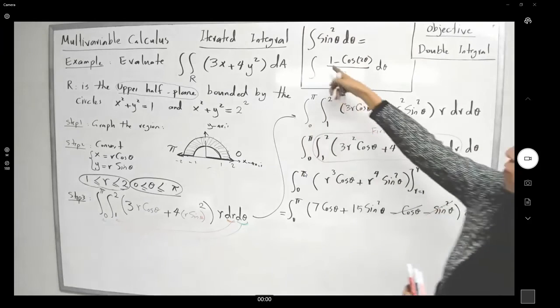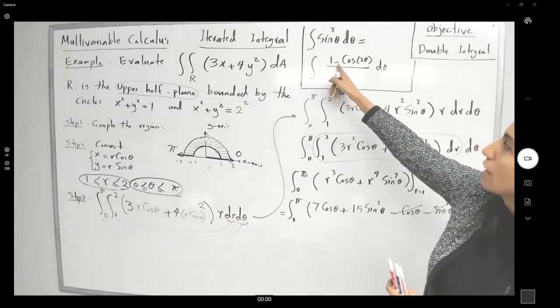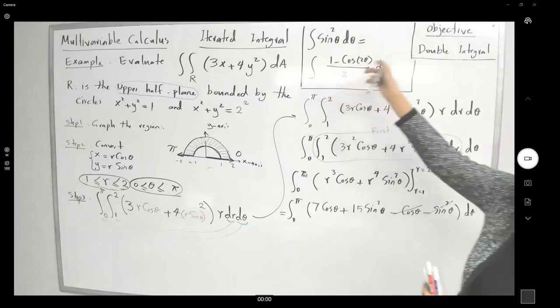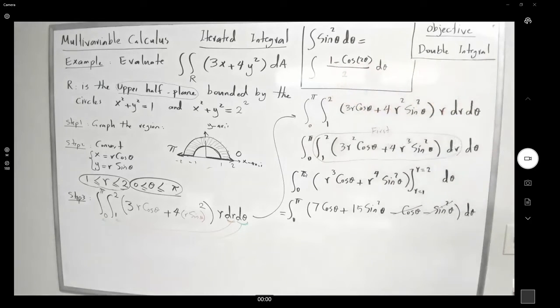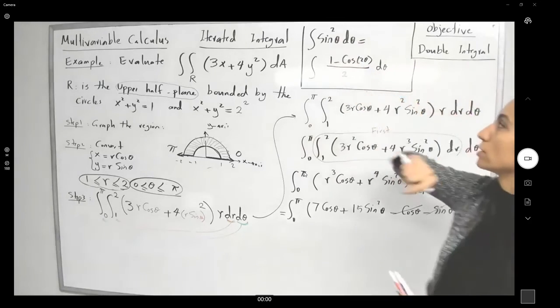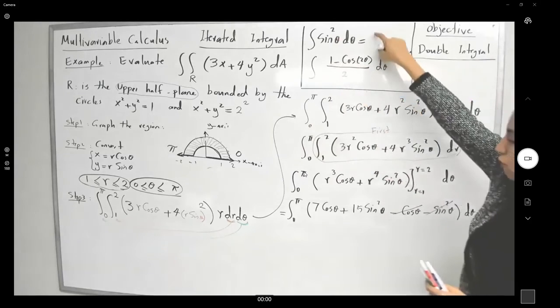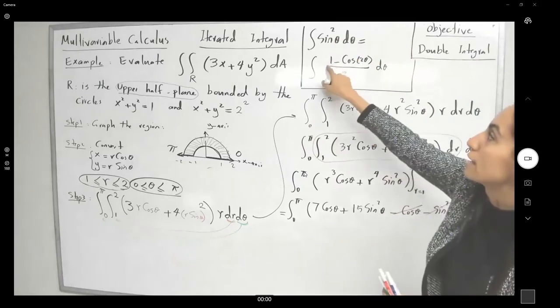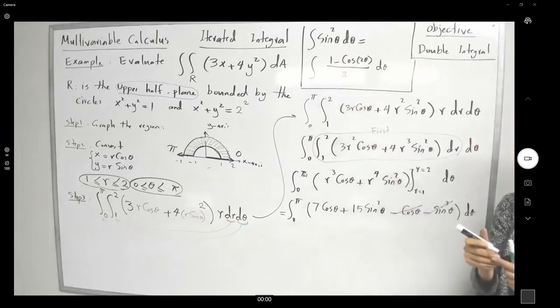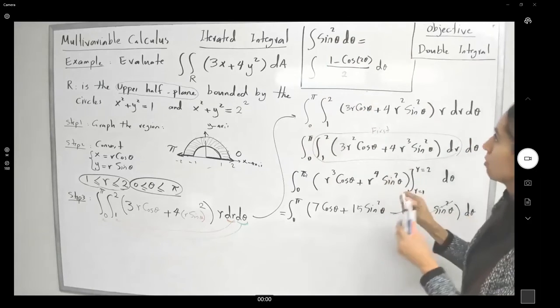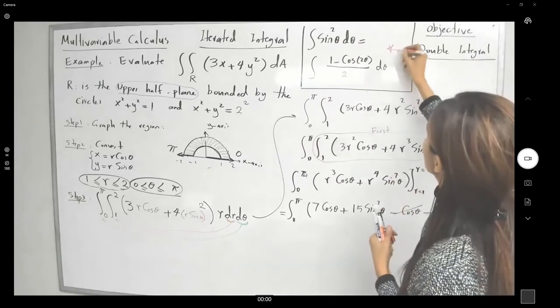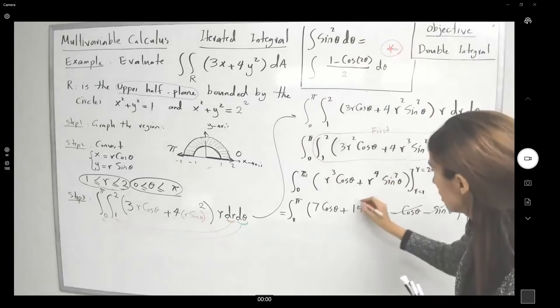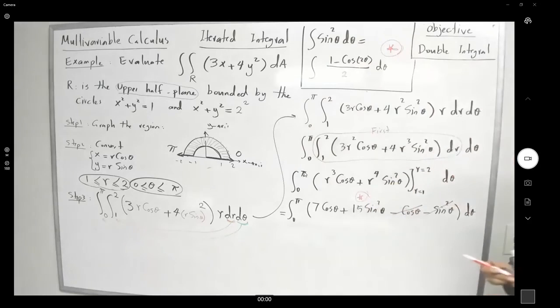So for this integral, we have to write it as 1 minus cosine 2 theta first.